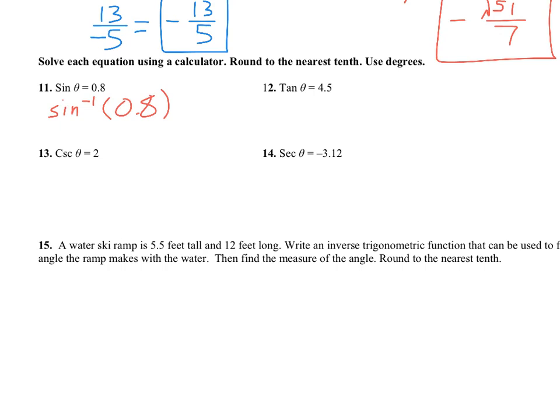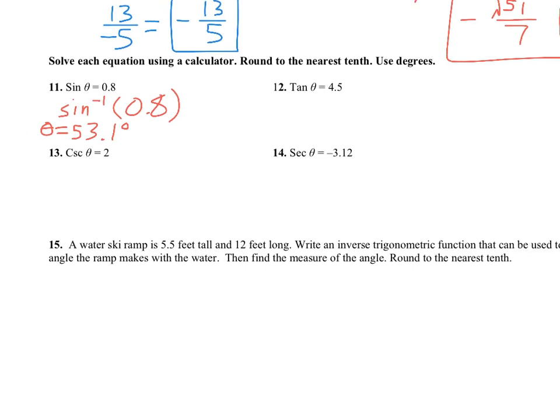If you do this, you get 53.1 degrees. That answer is acceptable because we're in quadrant 1.